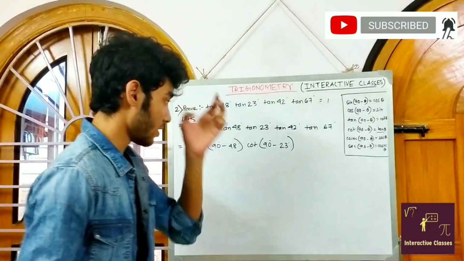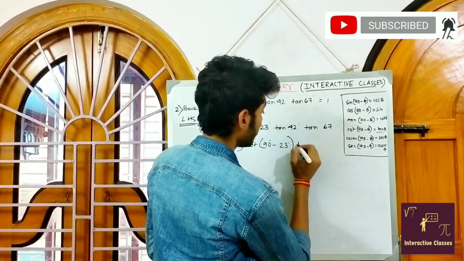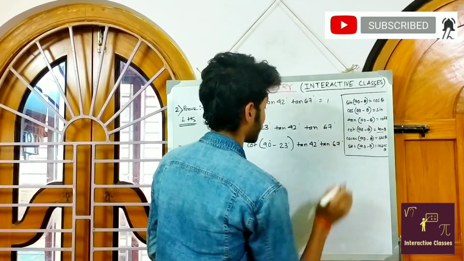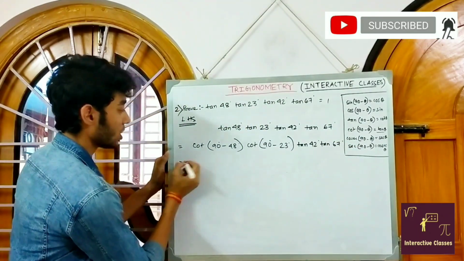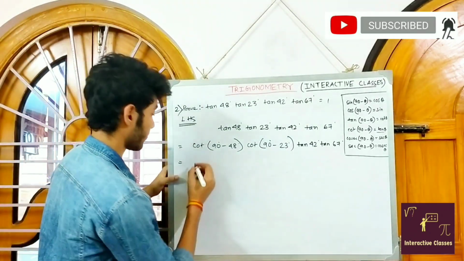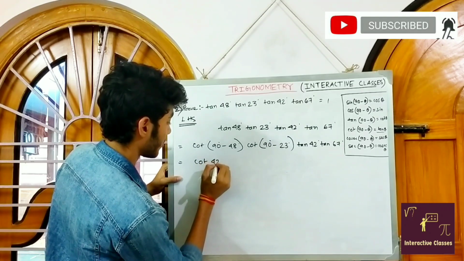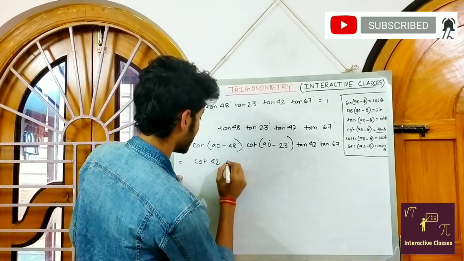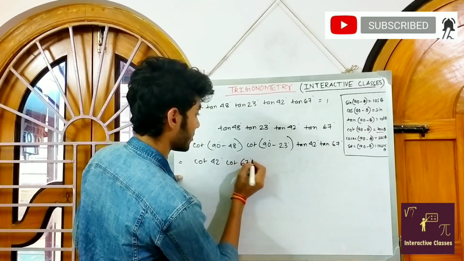Now tan 42 and tan 67, let it be the same. Cot 90 minus 48, how much? 42. Cot 42 degree, and 90 minus 23, that is cot 67 degree.